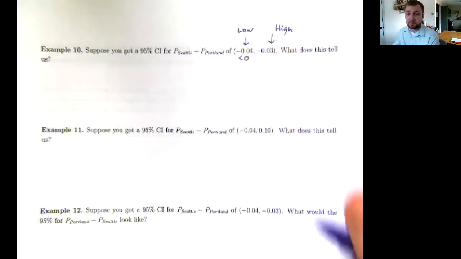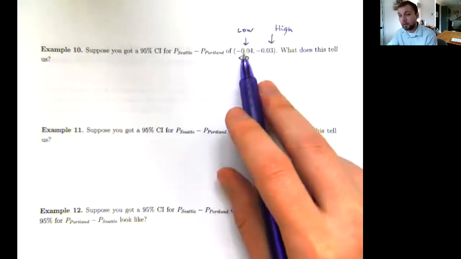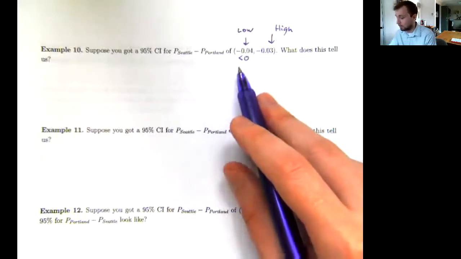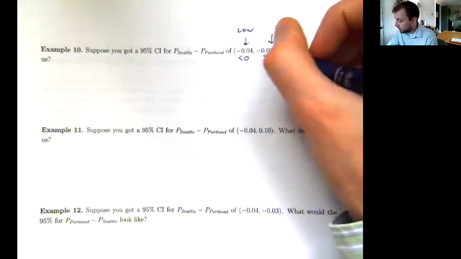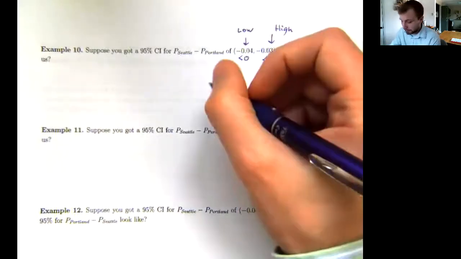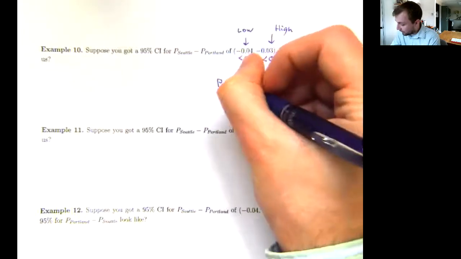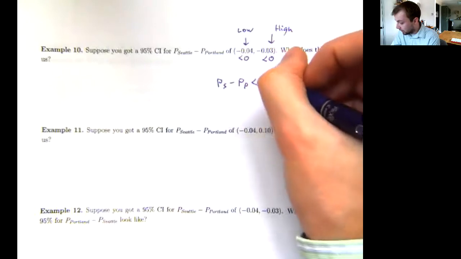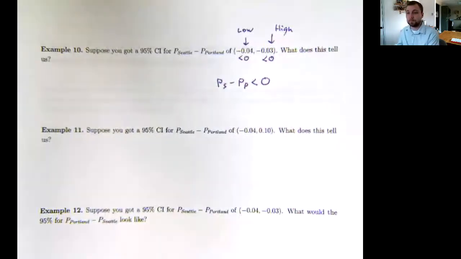That's less than 0. So ultimately, I'm just wondering, are these things bigger than 0 or less than 0? That's what I'm doing for these comparisons. This is a -3%. That is also less than 0. So both of these things in my Seattle minus Portland interval are less than 0.